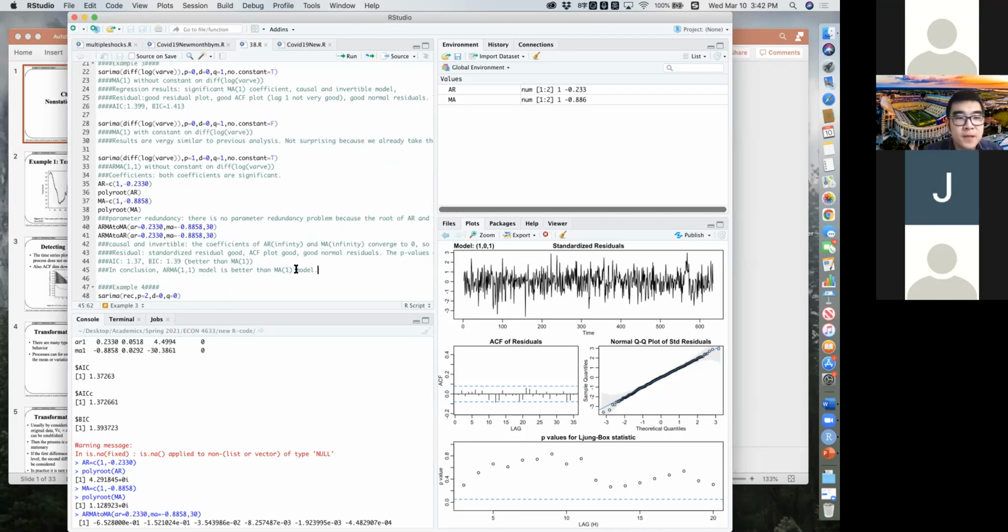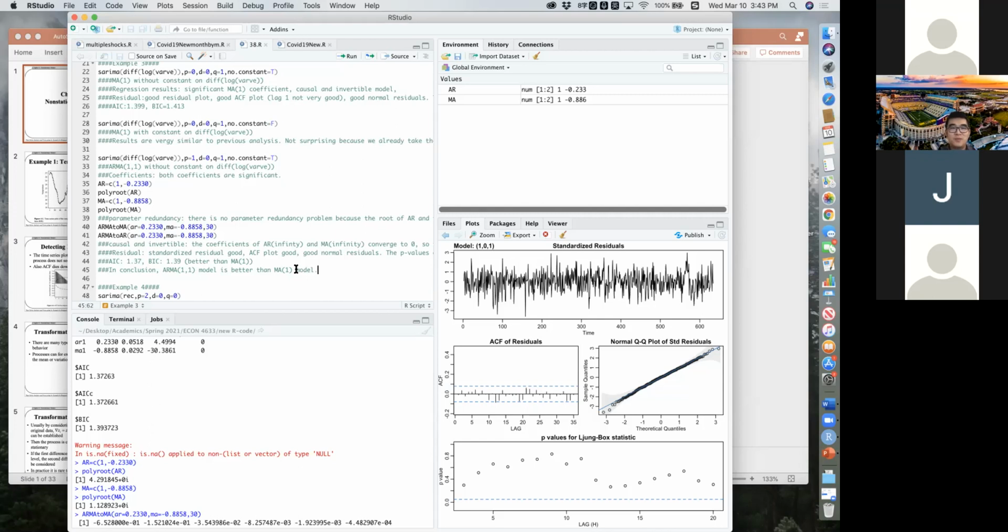But the remaining question is, is this ARMA11 model the best model? Is that true or not true? In order to answer that question, you have to do more model selection analysis.